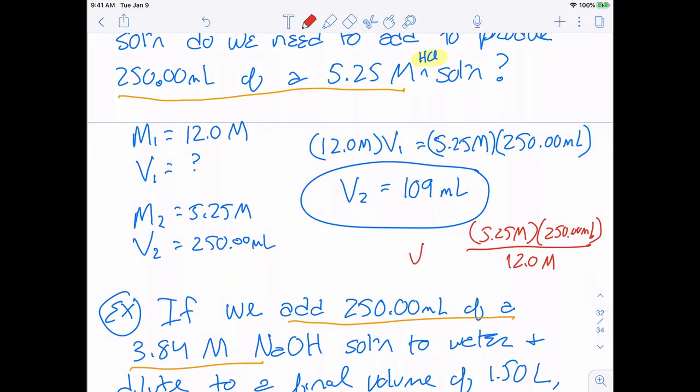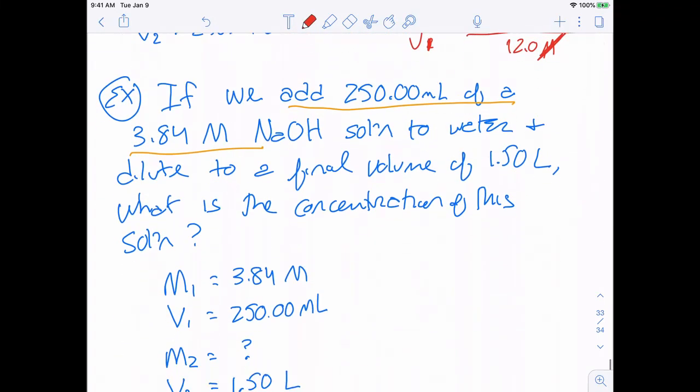Mathematically, that's what we did to solve. Oop, V1. Sorry guys, I didn't realize I goofed that up before. Glad I went back. V1. That's what we're solving for. These cancel, right? It's the same number on top as it is on the bottom, and then my units came out in milliliters.